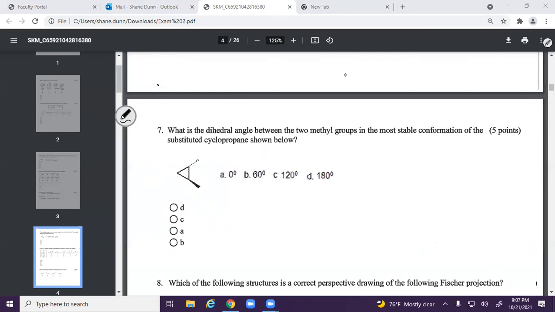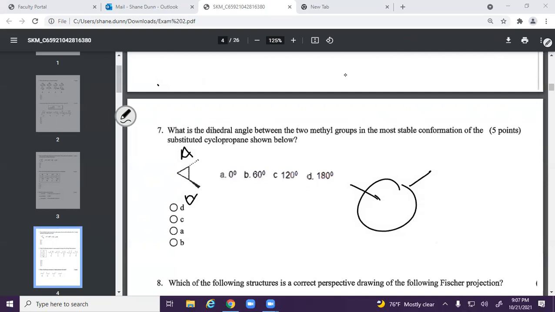We are looking at the same thing. Eyeball here or eyeball here, it doesn't matter. Either way, Newman projection, go. That one's going to go technically here, and that one's going to go here.